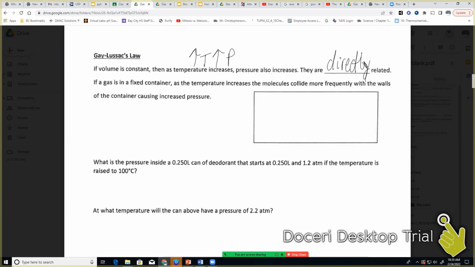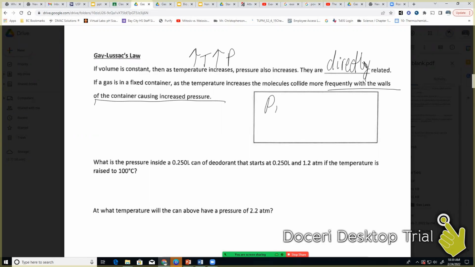So if the energy has increased, the gas molecules will spread out more and collide more frequently with the walls of the container, and that's going to increase the pressure. Because that's how pressure is measured, like how strongly particles are hitting the container they're in.